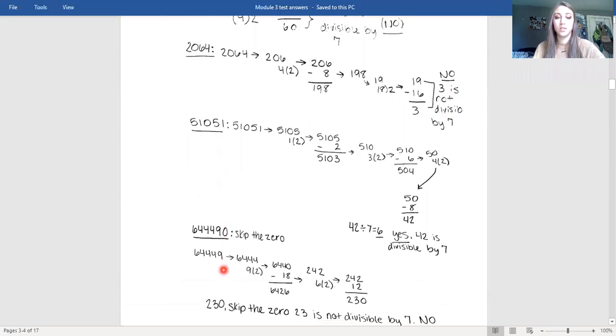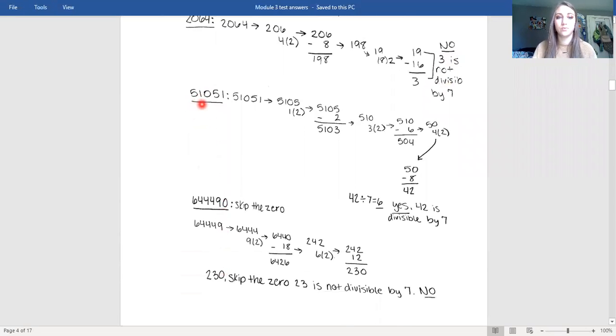Okay, we'll go to this one. 644,490. We'll skip the 0, so we'll just start with 64,449. You take off the 9 and multiply it by 2. So we get 6,444 minus 18, so we get 6,426.